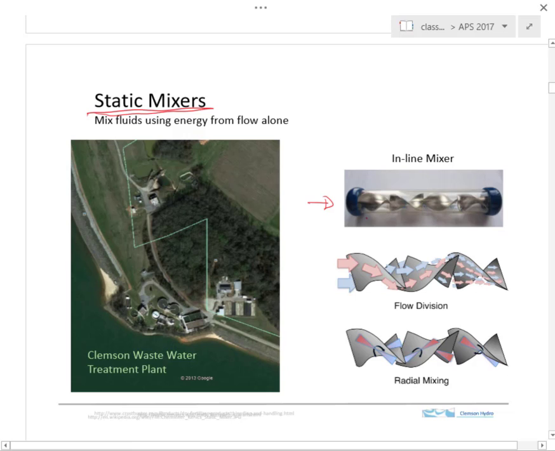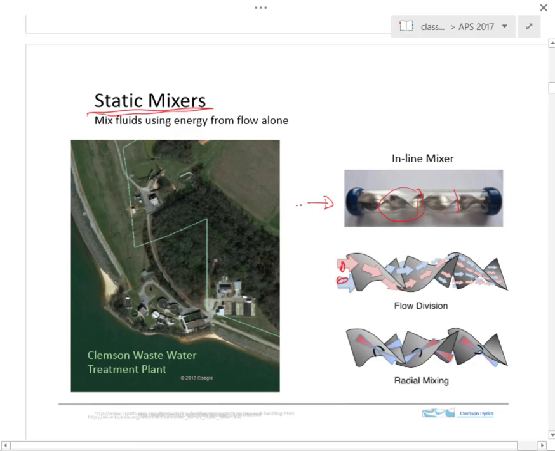This thing goes in a pipe, and you can see right there, it's basically a plate that's twisted and attached to another plate here that's twisted in a different direction. And so what happens as fluid moves along through here, these two particles get separated and they go different paths through these twisted plates, and they get separated and mixed.